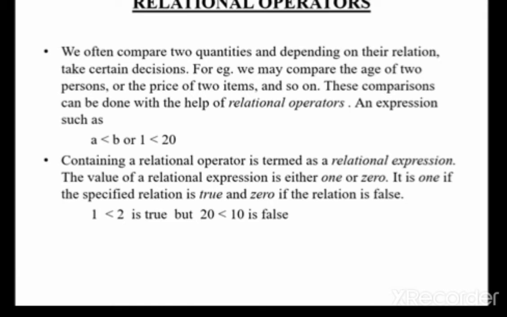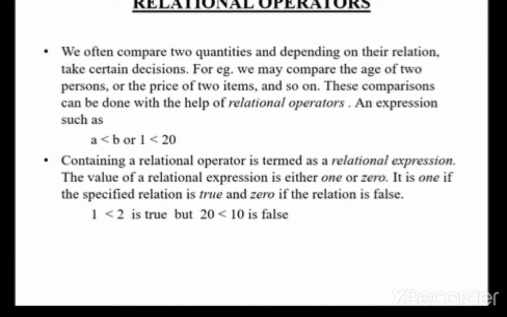We may compare age, we may compare the value, or we may compare the price of two items. Suppose you take, for example, major and minor. If age is greater than 18, major. Otherwise, less than 18, minor.